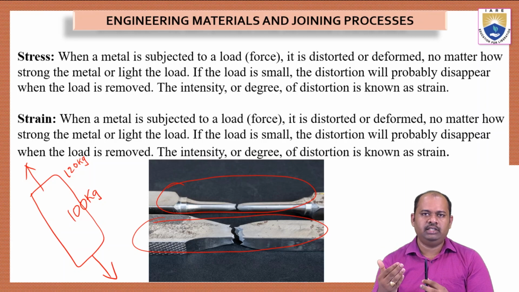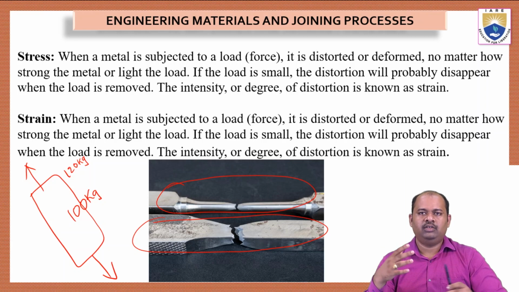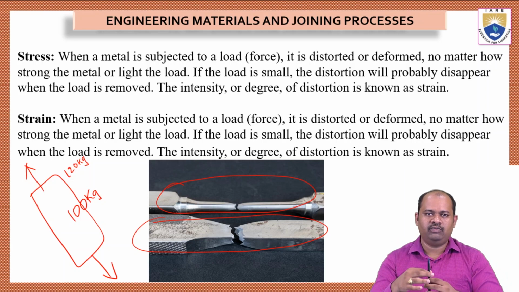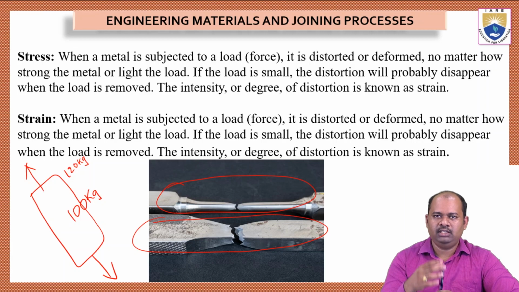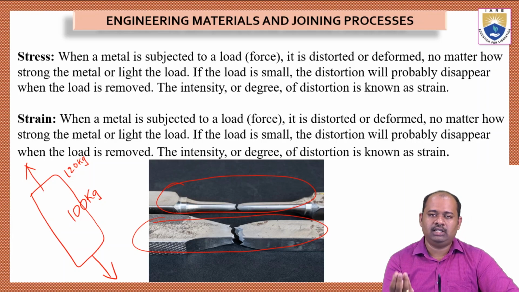Whenever it reaches 100 kilograms, it will try to elongate. The length of the body will increase. Whenever the length increases, the cross-sectional area will reduce. So the initial cross-section area has changed to a new cross-section area that is less than the previous one.